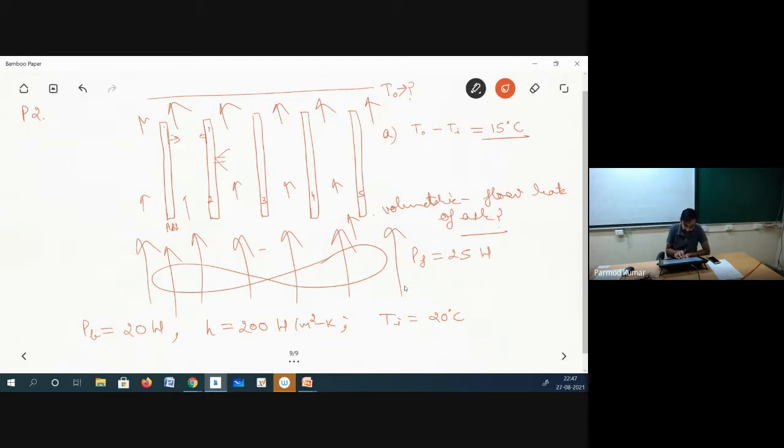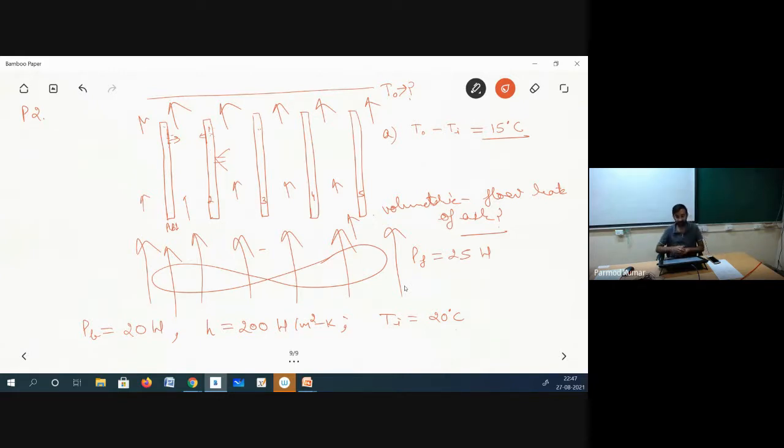Because air is uniformly passing through all the plates, the net radiative heat transfer between the neighboring plates will be 0. So we will solely consider the phenomenon of forced convection. Now how do we find the volumetric flow rate?